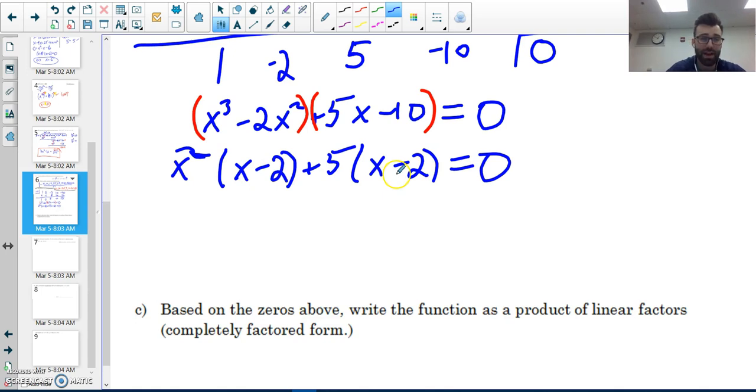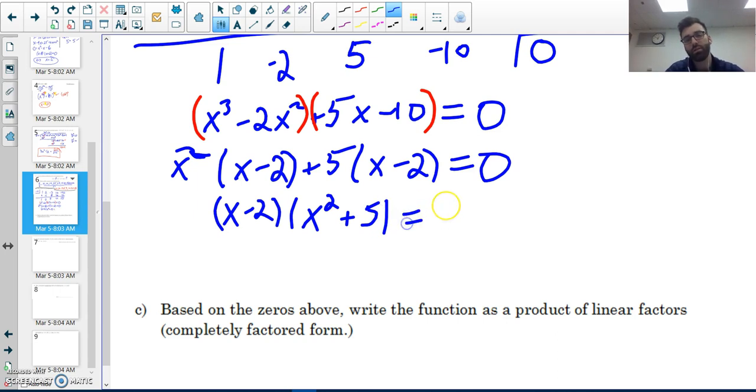Wow, x minus 2's match. So x minus 2 and x squared plus 5 equals 0. I set this equal to 0, so x equals 2.